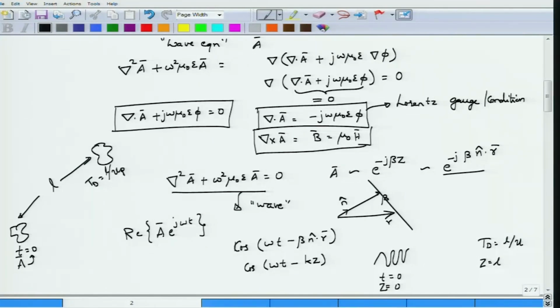So this character, that something is changing at t equal to 0 but the effects will appear later, is what is called retardation, or retardation in time, and this potential is called the retarded potential. Retardation simply means time delay.